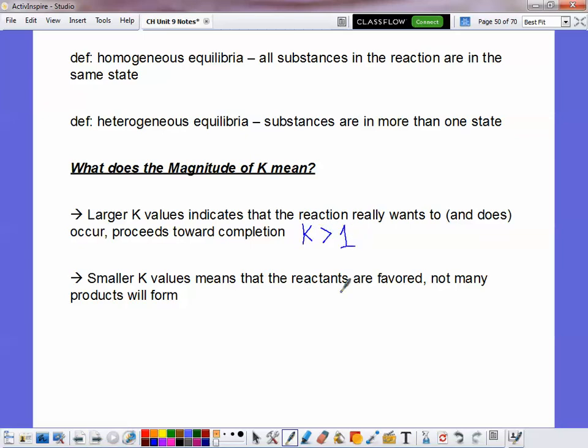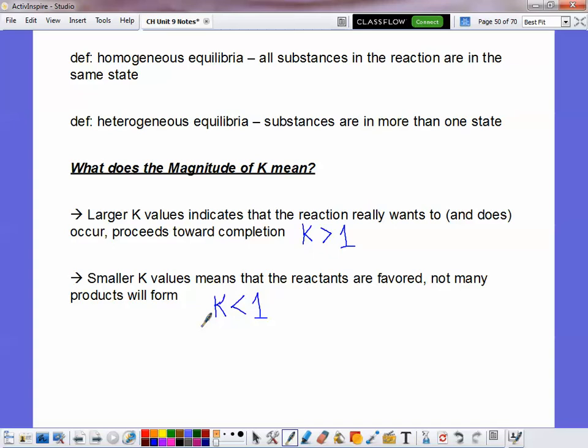So 1 is the cutoff. When it's greater than 1, that means that the products are favored, meaning that there's going to be more products at equilibrium than reactants. When it's a small K value, so less than 1, that means that the reactants are favored, more reactants than products. When it is 1, that means both sides are equally favored, and that's a case that I've never seen.